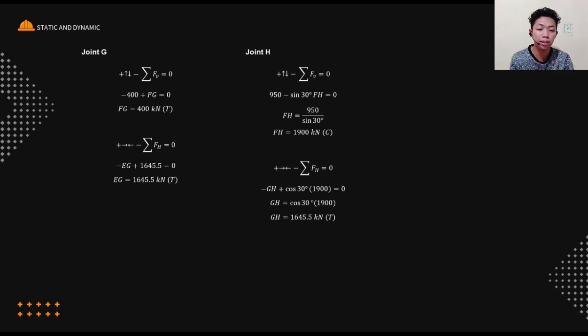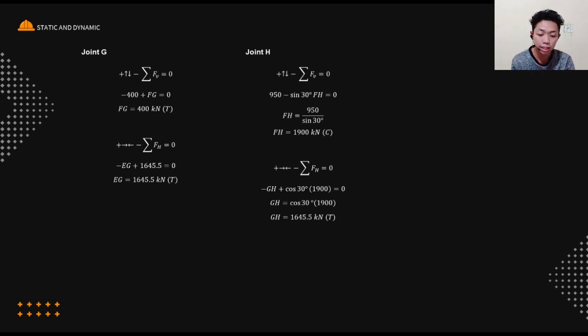Yung EG natin na pakaliwa is magiging negative siya, tapos yung 1,645.5 na value ng GH natin is positive since pakanan yung arrow niya. Pag nilabas yung EG dun sa equation, magiging EG is equals 1,645.5 kilonewton, then positive uli siya, so tama uli yung assumption natin na tension siya.